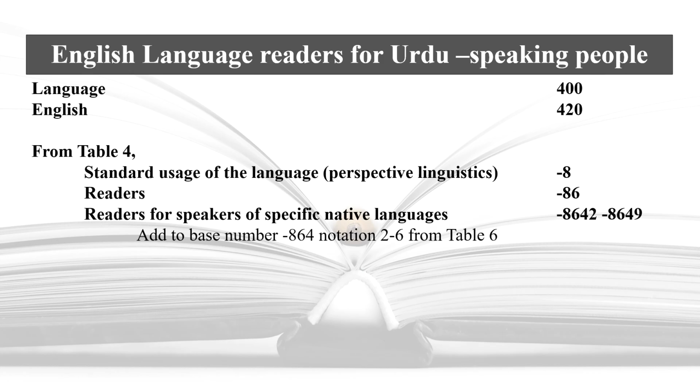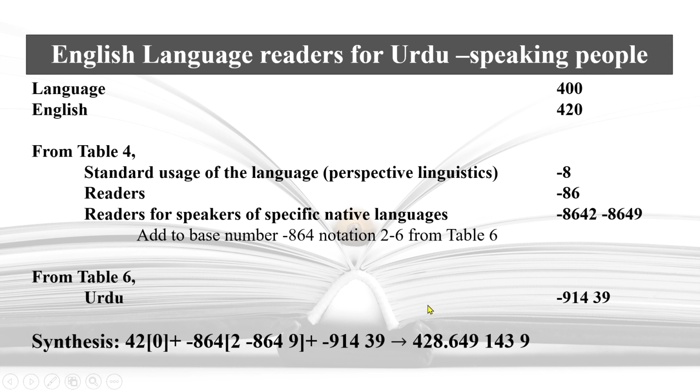So, we have to find the number for Urdu. From table 6, we get the number for Urdu, 91439. Then the synthesis will be like this. The first number was 420. In the case of language and literature, the third digit will be omitted and the facet from table 3 or 4 will be substituted for the last 0.